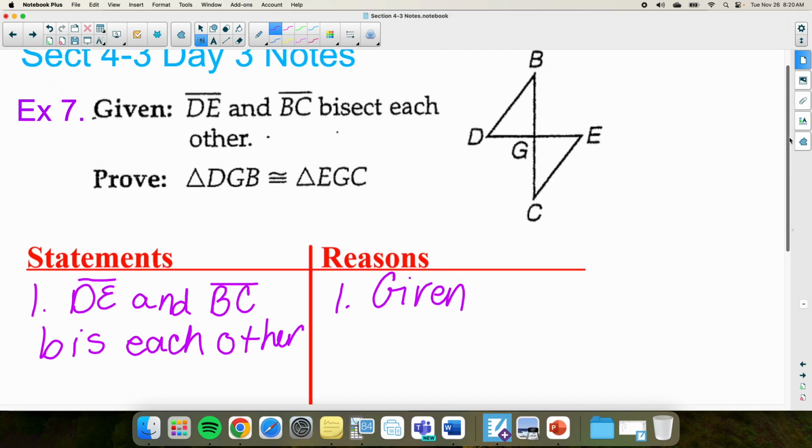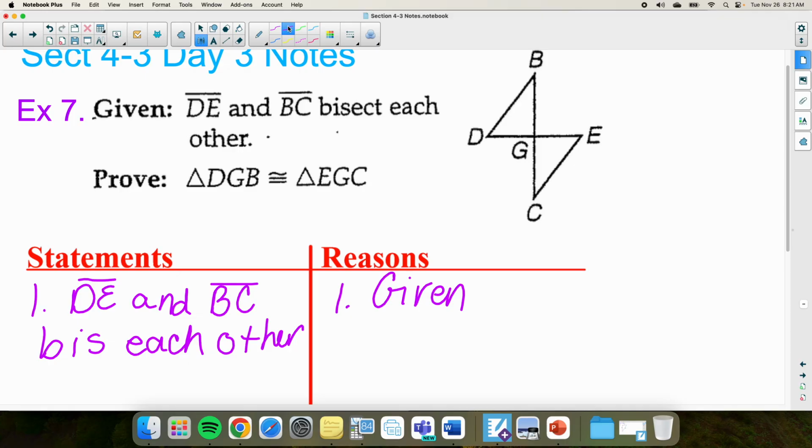Now, when you have bisectors, on your cheat sheet there already is one for segment bisectors, and then we added one yesterday for angle bisectors. When you have a segment bisector, it just says it cuts that segment into two congruent parts, okay? In this one, they're saying DE and BC bisect each other. So that means they cut each other in half.